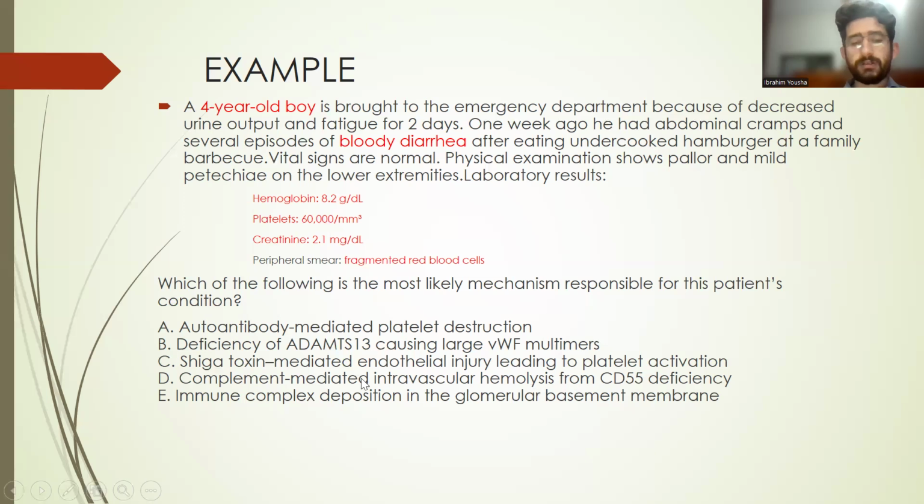Complement mediated intravascular hemolysis from CD55 deficiency is in paroxysmal nocturnal hemoglobinuria, which will have absence of fragmented RBCs, and creatinine level will be normal. Immune complex deposition in the glomerular basement membrane is post-streptococcal glomerulonephritis, which occurs 2 to 4 weeks after pharyngitis. So the main option is Shiga toxin mediated endothelial injury.